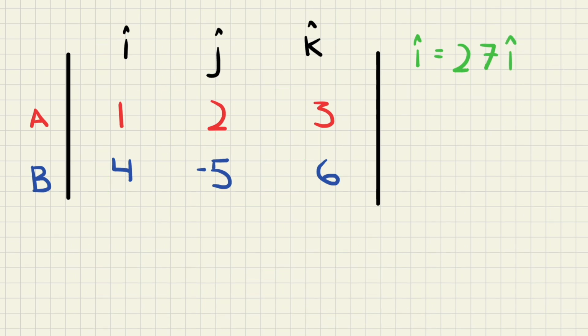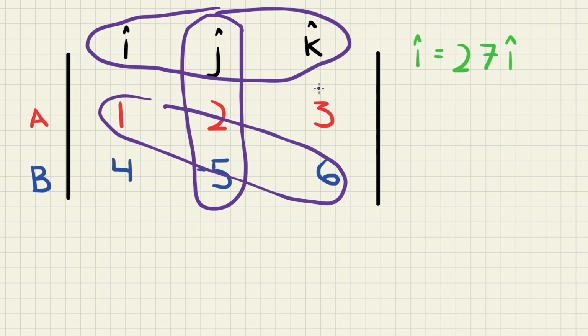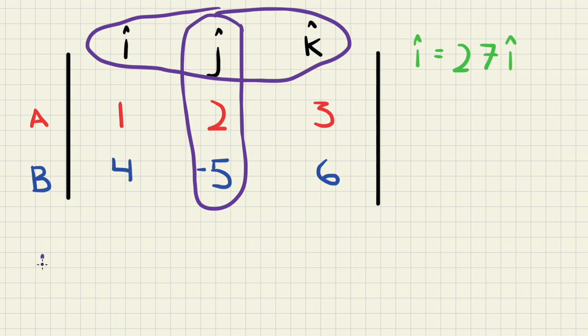So now we have to do the same thing for our J product. So I'm going to circle the row and the column that J is in, and we're going to use only the numbers that we're left with. So here we have 1, 6, 3, and 4. These ones are diagonal from each other, and these ones are diagonal. So we're going to use their products to help us calculate.